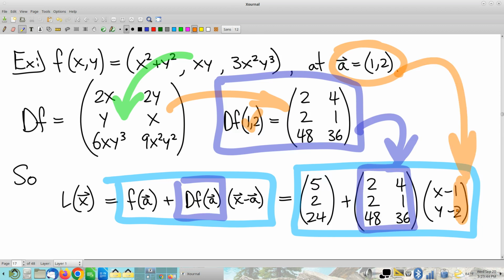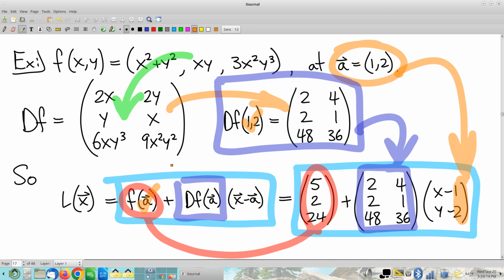That's where that 1 and 2 came from. And all of this business right here, this is just the value of the function at our base point, our starting point, A. Okay, and again, that's just a matter of arithmetic. So all very plug and chug, but again, make sure that you follow all the little detail steps so that you can, in practice, do this fluidly.